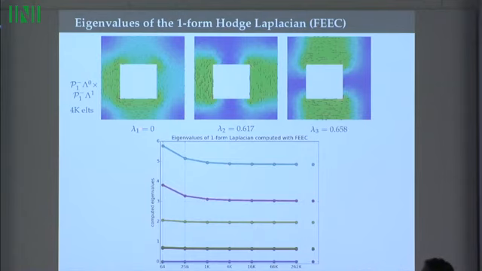And you see, well, there you see it. It's 0 straight across, no matter how many elements you use. So it converges to 0. But the other ones also converge. They're almost perfect with 64 elements. And by the time you get to the fourth eigenvalue, you need 4,000 elements, and so forth. But these ones converge beautifully. So when I say you should use the mixed one, you shouldn't use the standard one. At least in this way, it's crystal clear.